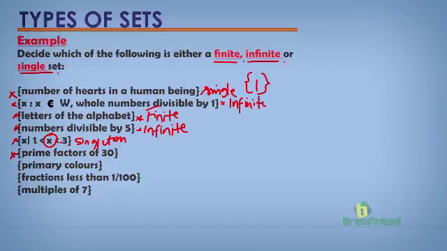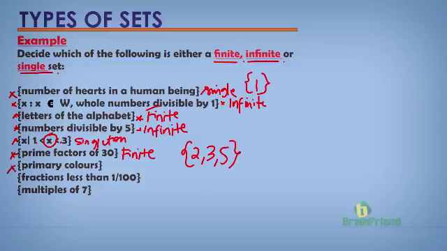The set of the prime factors of 30. If we were to list the prime factors of 30, we would have the numbers 2, 3, and 5. So we have a countable number of elements within our set. And of course, since it's countable, we say this set is what? Finite.